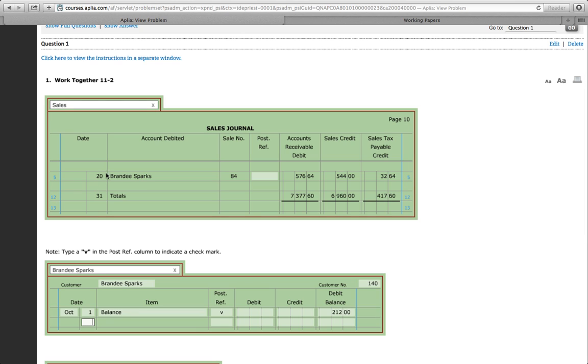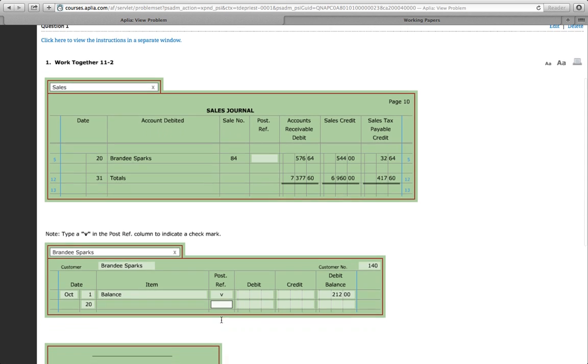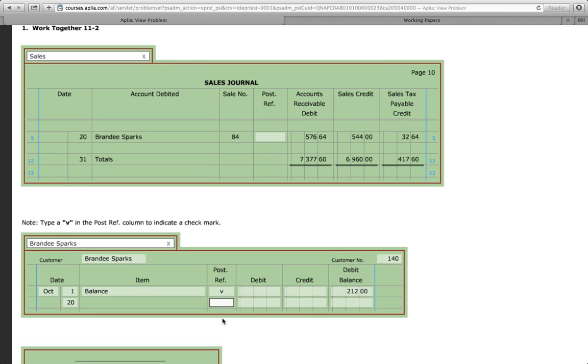So I'll come down here and I'll pull this date, the 20th. The post reference is what? You tell me. S for sales journal, page 10. This is a debit of $576.64. I'm pulling this number down into here.